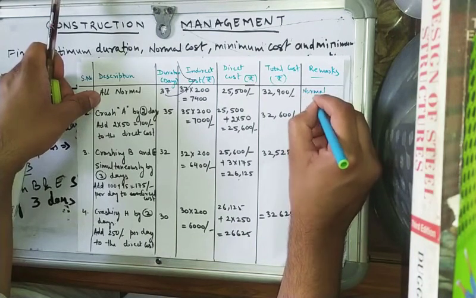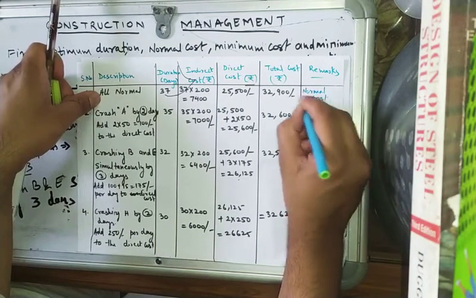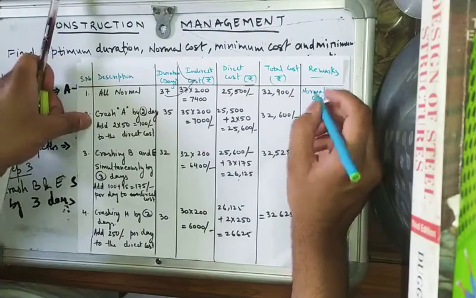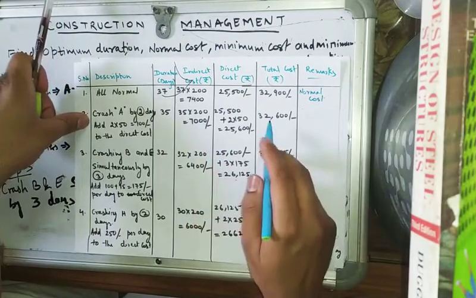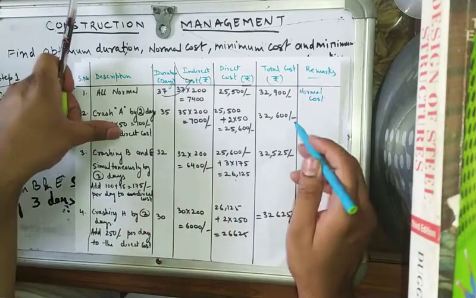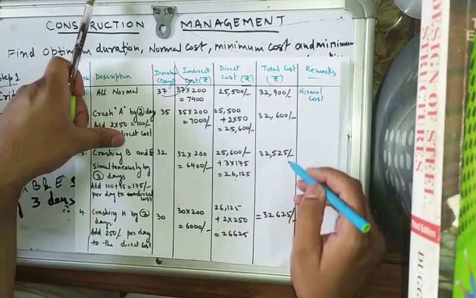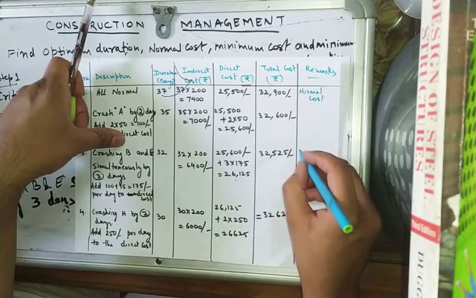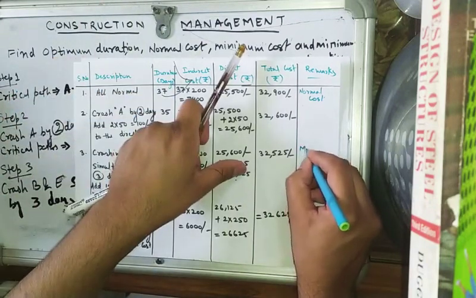So this is the normal cost, and now we'll see the minimum cost, 32,525. So this is the minimum cost.